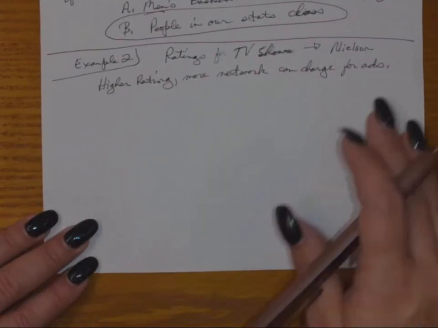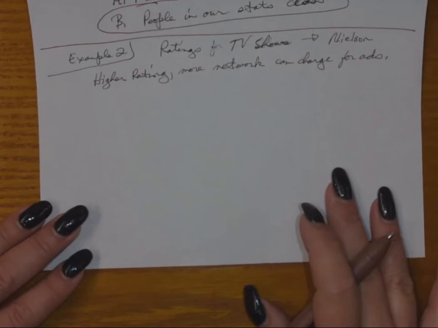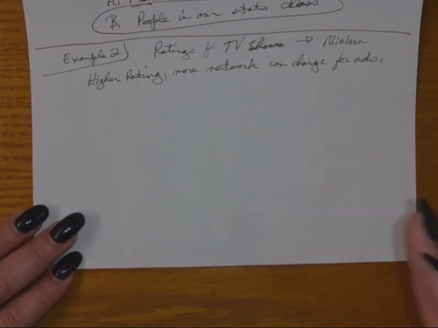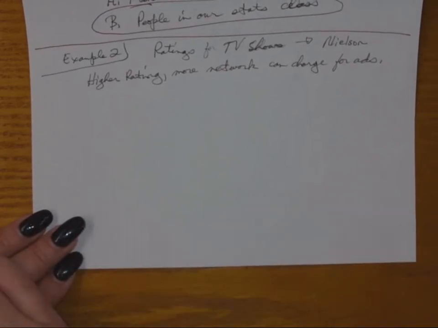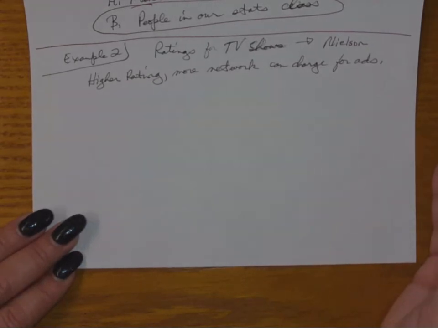Whenever you see those commercials for, I don't know, Budweiser or whatever, the Clydesdales going through, you know, they're charging them a lot of money to be able to advertise during the Super Bowl. And that's because it's a very highly rated TV show. Everybody's watching. Well, not everybody, but a lot of people are watching. And so the networks are able to charge more money for ads then, okay?